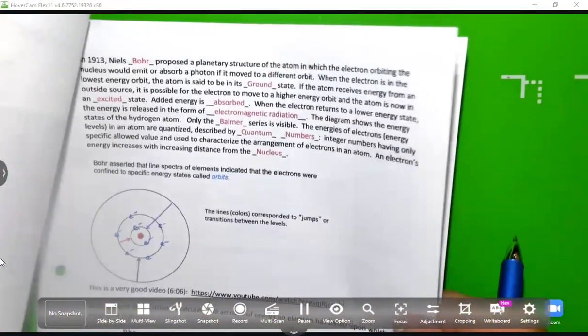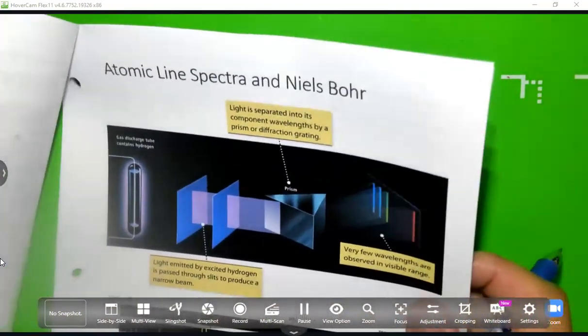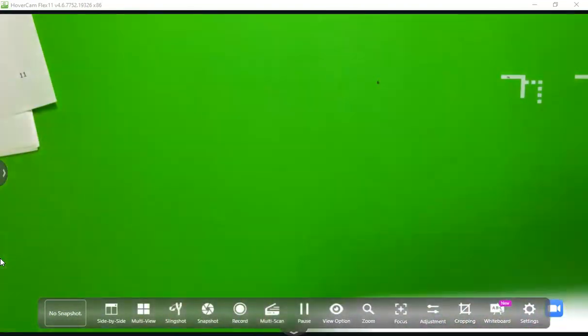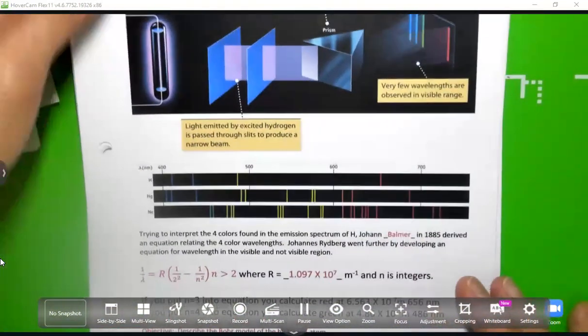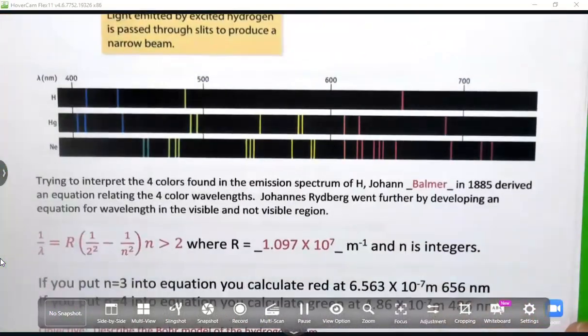Let's go back. And now you're going to understand that we can actually calculate these energy drops. So now I have to go back to page 8. On page 8, this is what happened.